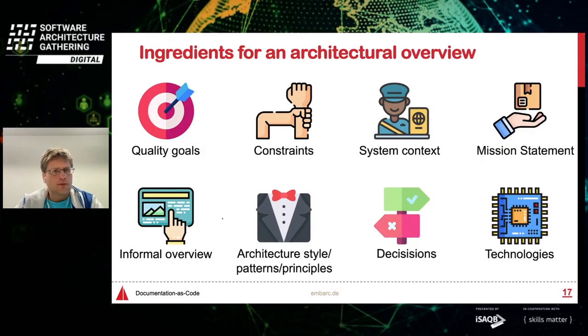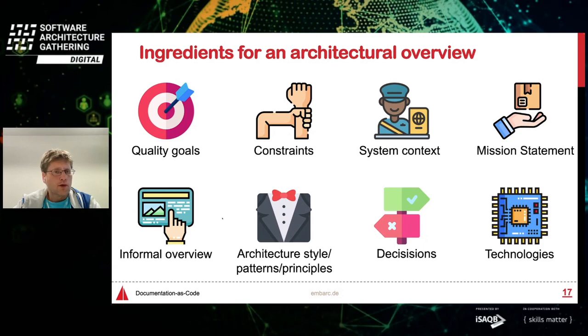And I've broken it down in more detail: the ingredients for an architectural overview, and all this content we need to make good architecture decisions and to design our architecture. On the upper line, there are all the requirements, like the quality goals and the constraints, which come from the project management, for example.